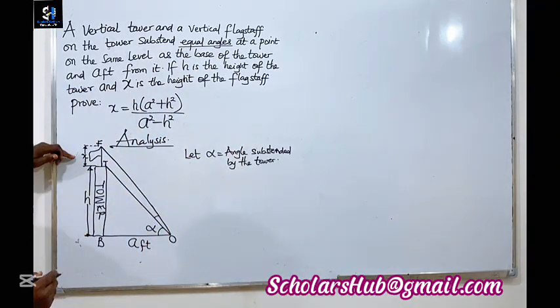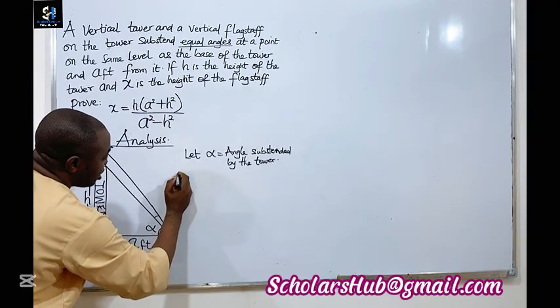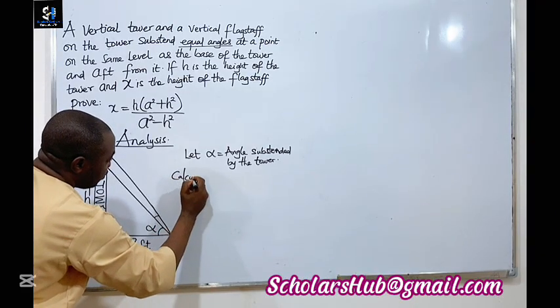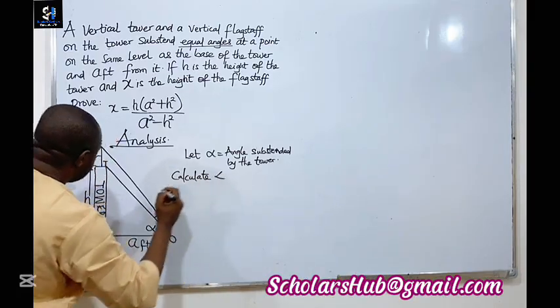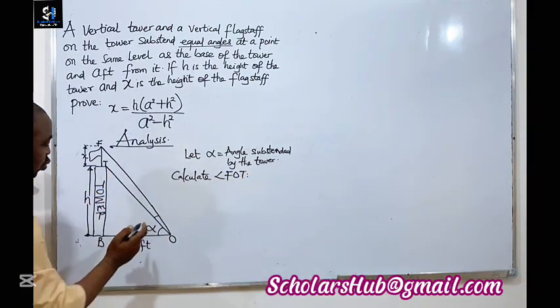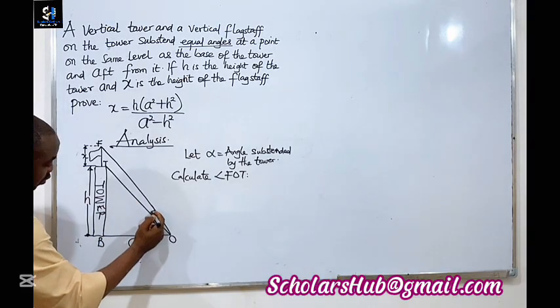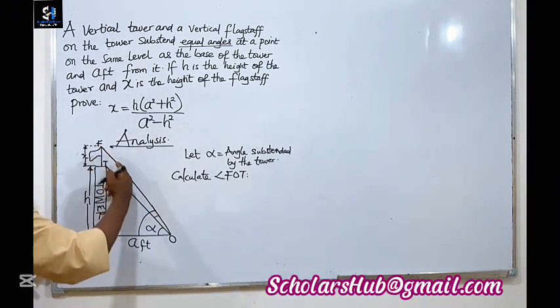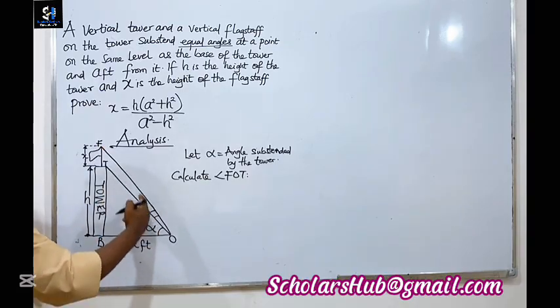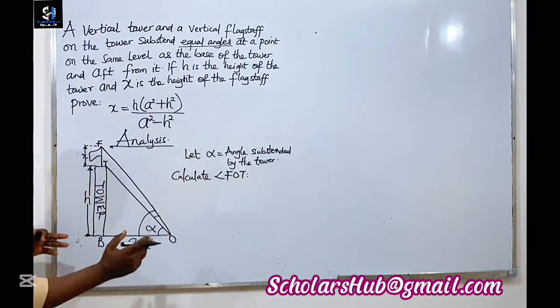So what I will do in this case is calculate the size of angle FOT. But let's not forget that the angle of elevation of the flagstaff, that is the angle subtended by the flagstaff, will be angle FOB. We'll come to that.